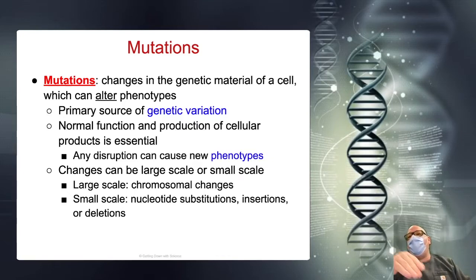This would be like putting a whole extra page in your document, or forgetting to put a page, or doubling the page, or something like that. So this unit sets up really nice for evolution, which is our next unit, because obviously, like I said a moment ago, no mutation, no evolution.